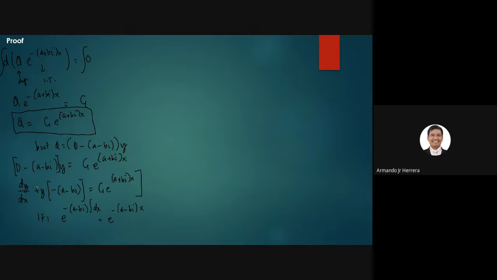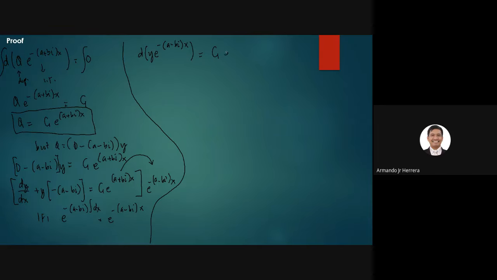So multiplying our DE by our integrating factor gives, so what will happen? So this left side of the equation becomes the derivative of the dependent variable y times e to the negative quantity (a minus bi) of x, because that's our integrating factor, equals c1, this times that.